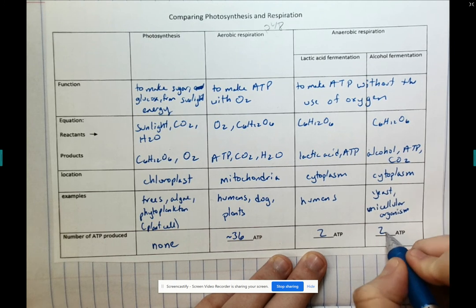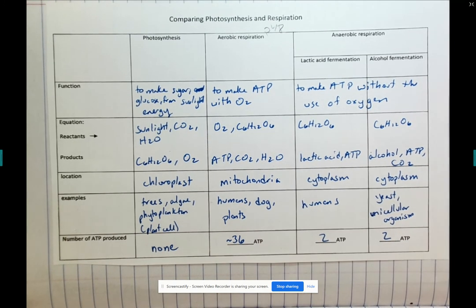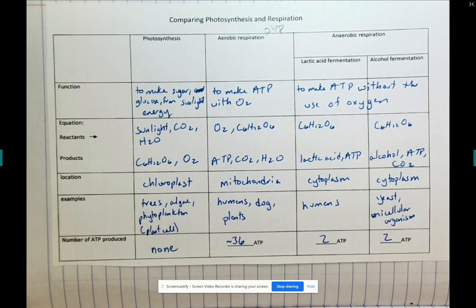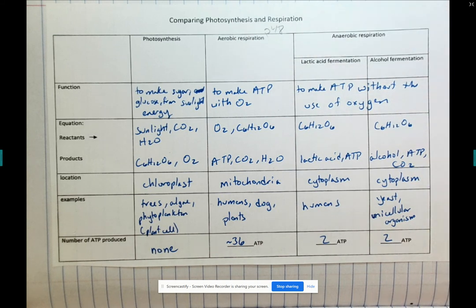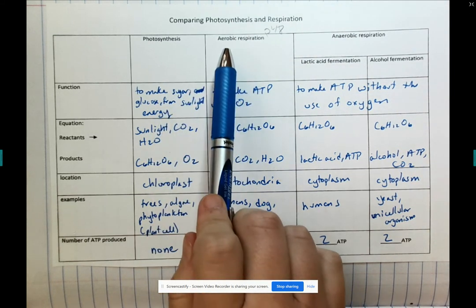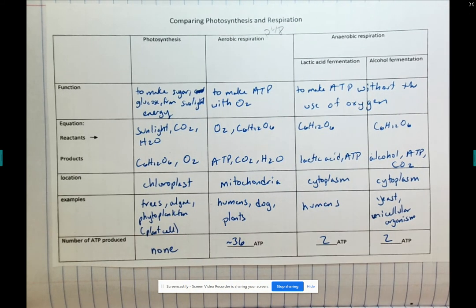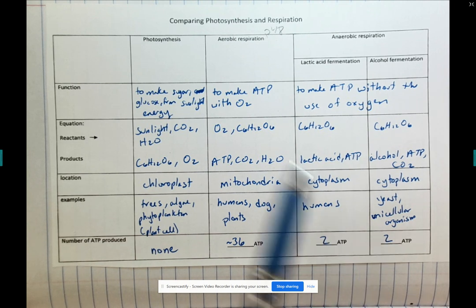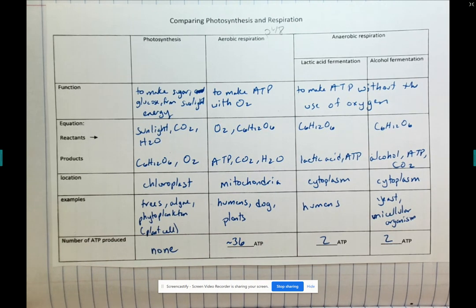And again, we'll get about 2 molecules of ATP. So this is our summary of photosynthesis and respiration, and again, comparing aerobic and anaerobic respiration with photosynthesis. If you have any questions or concerns about this assignment, please let me know.